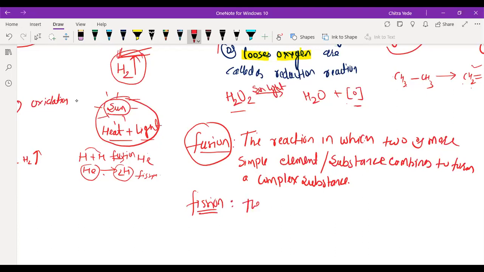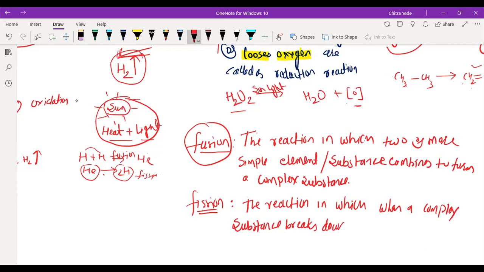So the reaction in which a complex substance breaks down into simpler forms is called a fission reaction. Okay, so this is all about fusion and fission reaction.